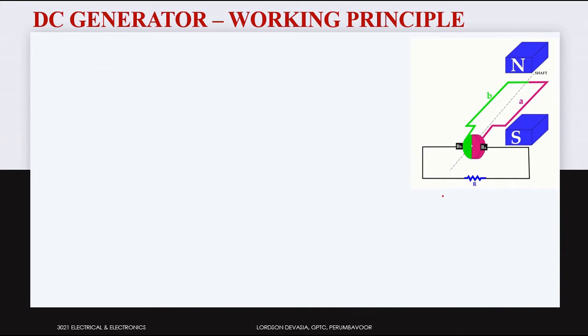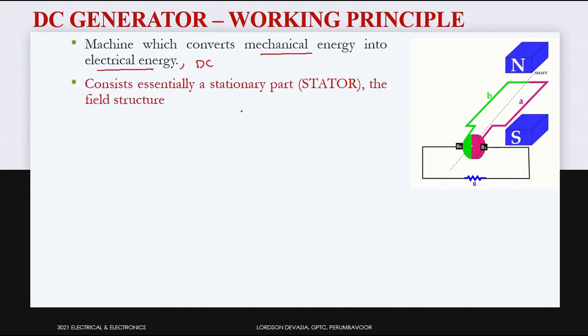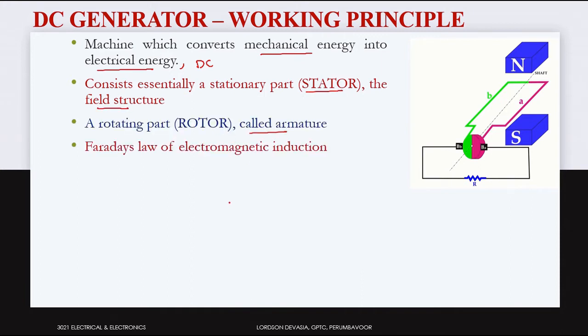Now the working principle: it is nothing but a machine that converts the mechanical energy into electrical energy, and the electrical energy is in the form of a direct current, and it consists of two parts. One is known as stator, and that is the field structure, and the other one is known as rotor.